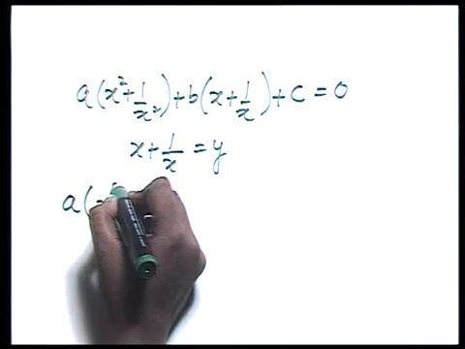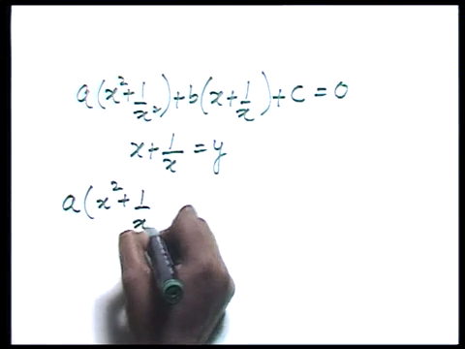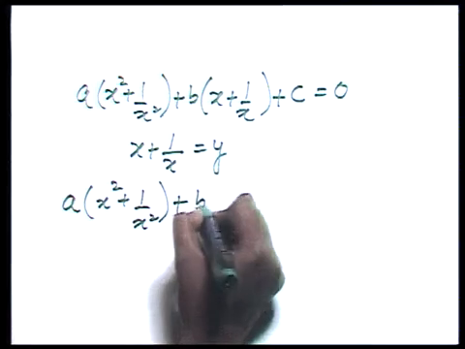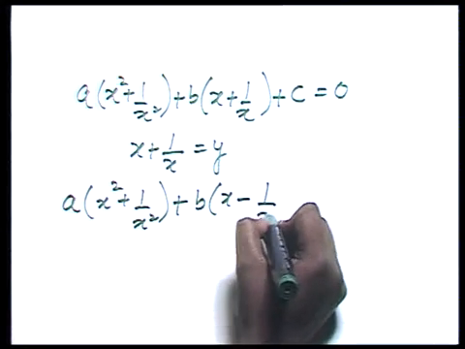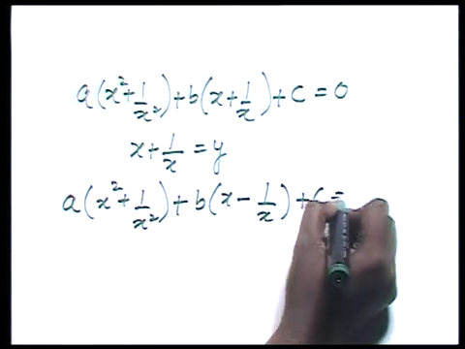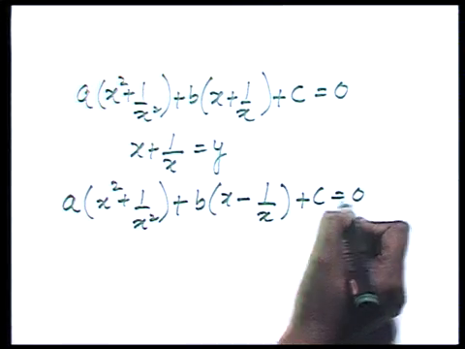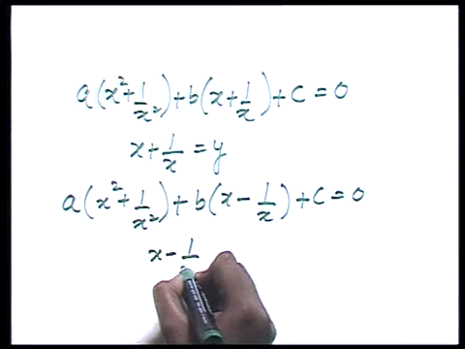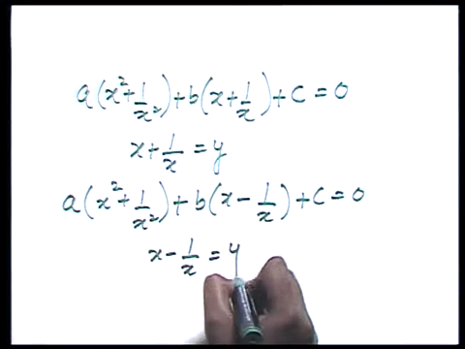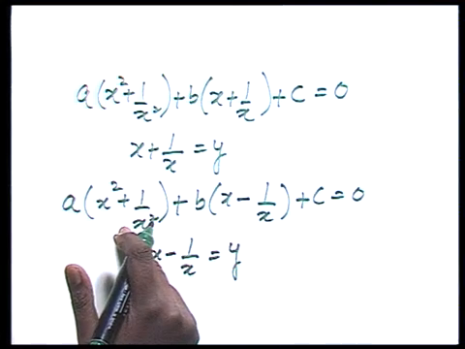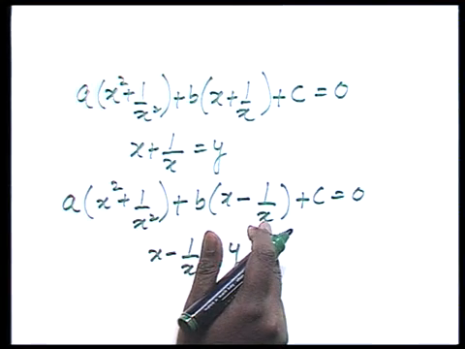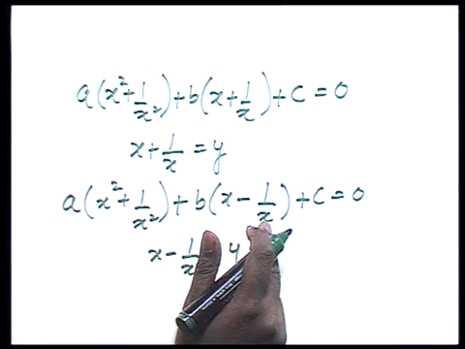Similarly, we can solve equation of the form x square plus 1 upon x square plus b into x minus 1 upon x plus c equal to 0 by the substitution x minus 1 upon x equal to y, and in this case this equation will again reduce to quadratic form and we can solve that equation by our knowledge.